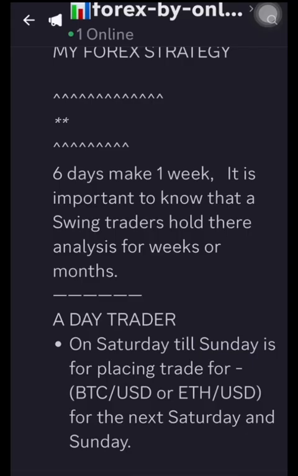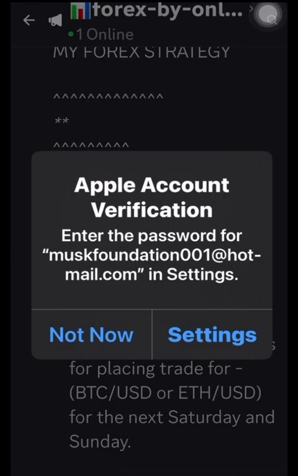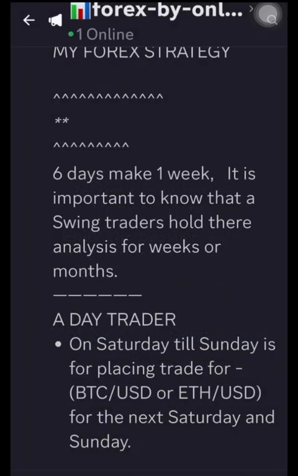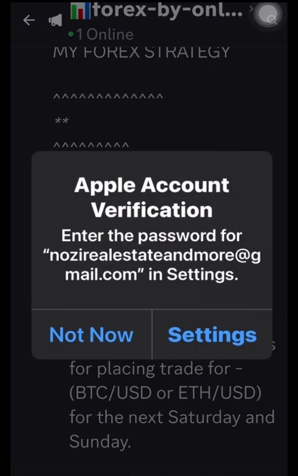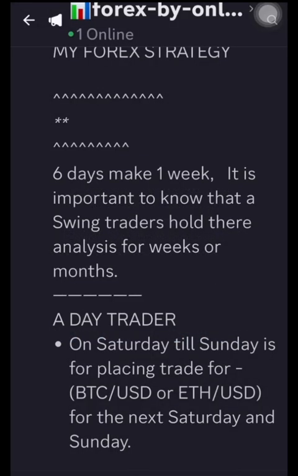Then Sunday, which is the last day, is the 1 day that is just for resting. You just use that day for resting and waiting till 11:40 when all the markets are going to open back.